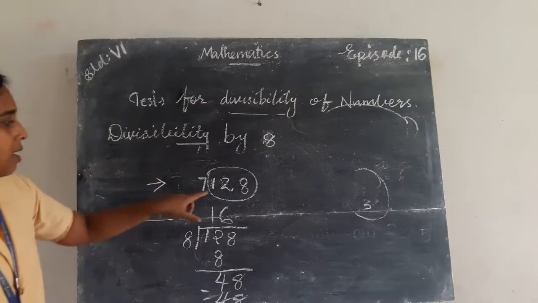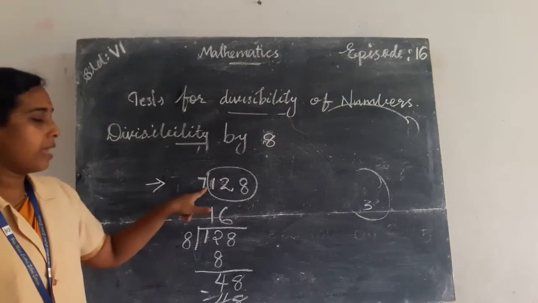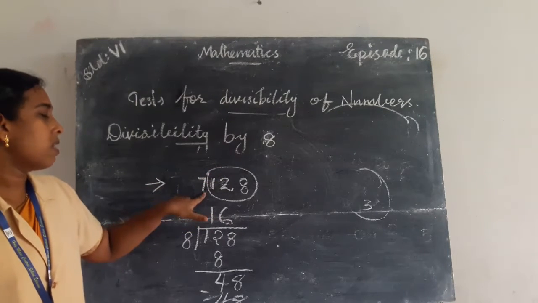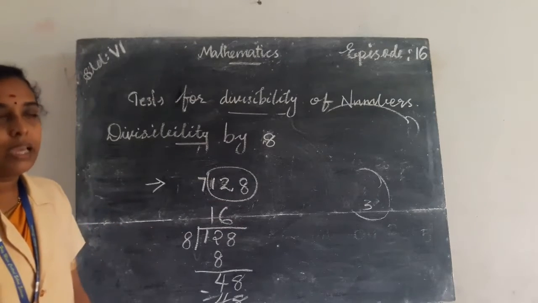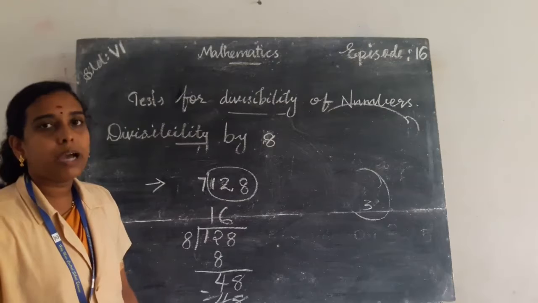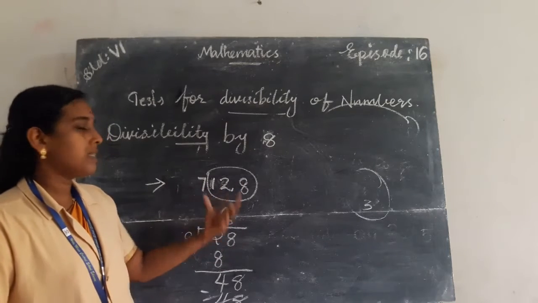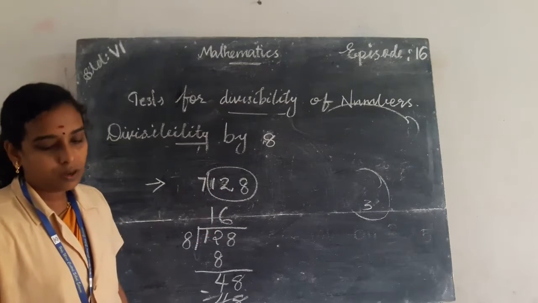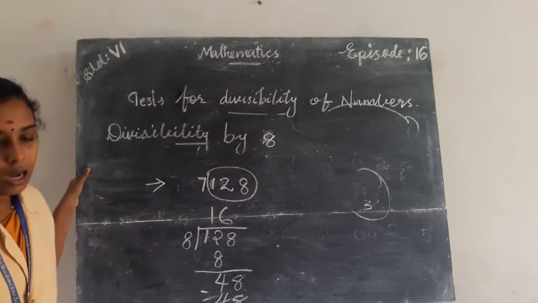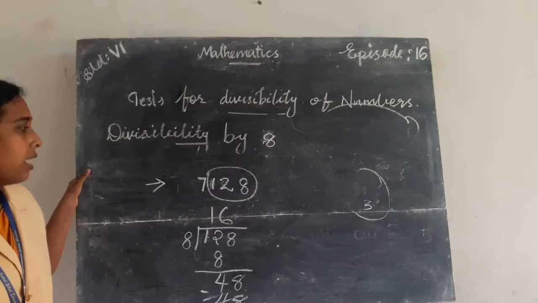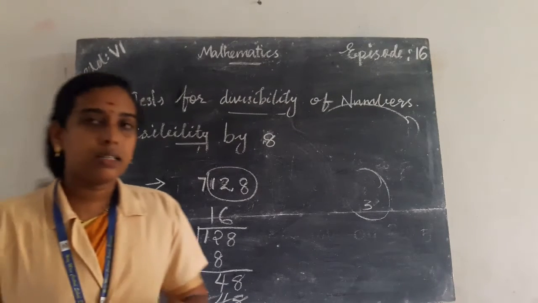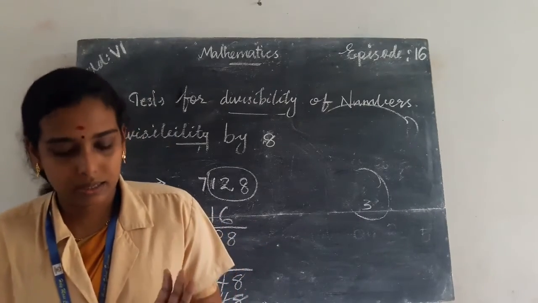So the last 3 digits are divisible by 8, then we can say that the whole number is divisible by 8. So, 7,128 is divisible by 8 because the last 3 digits are divisible by 8. To check the divisibility of a number by 8, we take the last 3 digits, and if they are divisible by 8, then the whole number is divisible by 8.